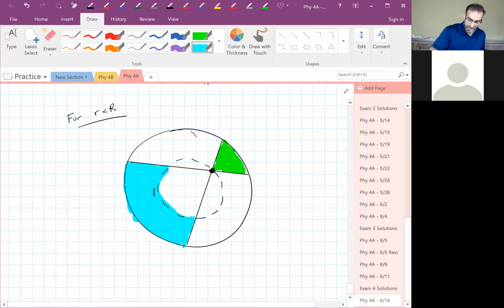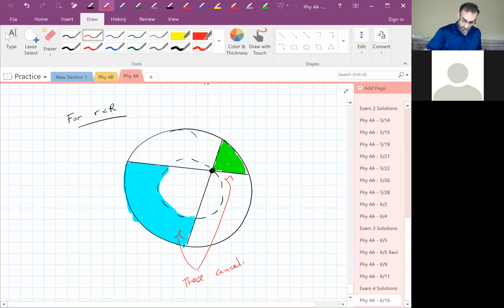There's a lot of it, but it's far away. The green side, there's not very much, but it's close. It turns out that those exactly cancel out. The force from the mass on one side cancels out the force from the mass on the other side, pulling.